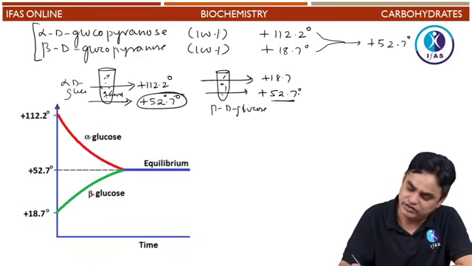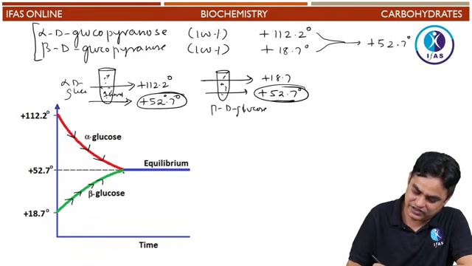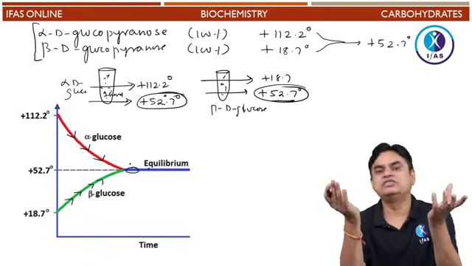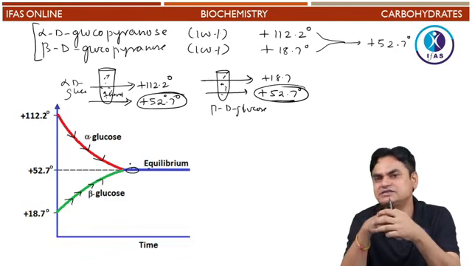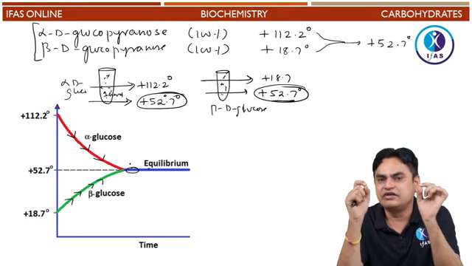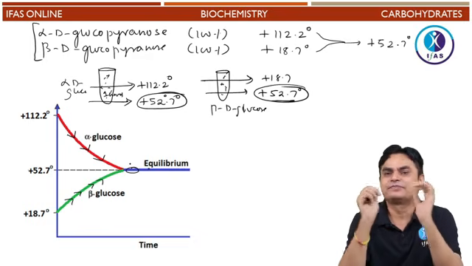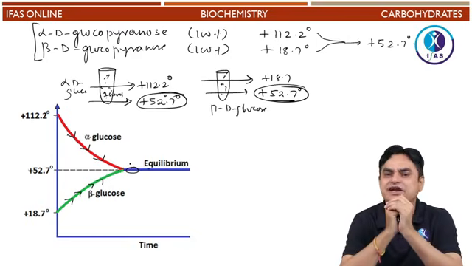This also attains 52.7, this also attains 52.7. So in one test tube the optical rotation value is declining, in the other it increases, and both test tubes adopt the same value, that is plus 52.7. This suggests that once the optical rotation is at 52.7, a stable equilibrium has been attained.